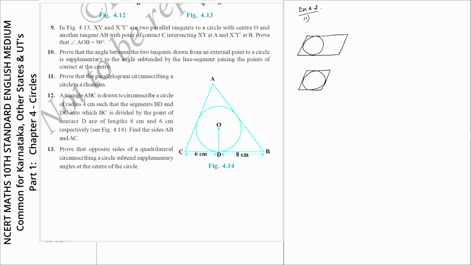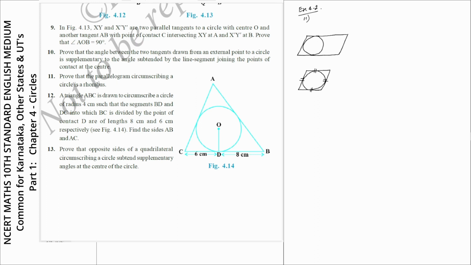So now I should prove that this parallelogram is a rhombus. In a rhombus also opposite sides are parallel to one another, and also all the sides are equal in length. This length, this length, this length, all the lengths will be equal.